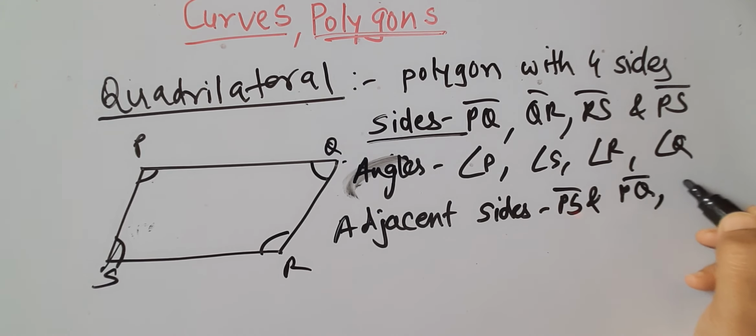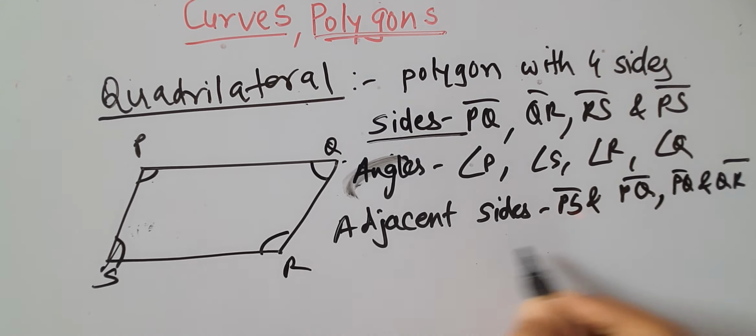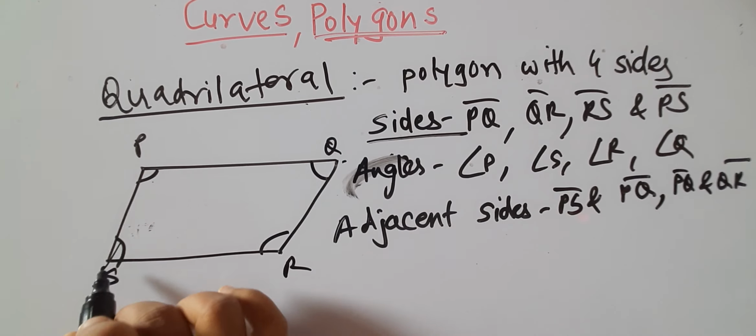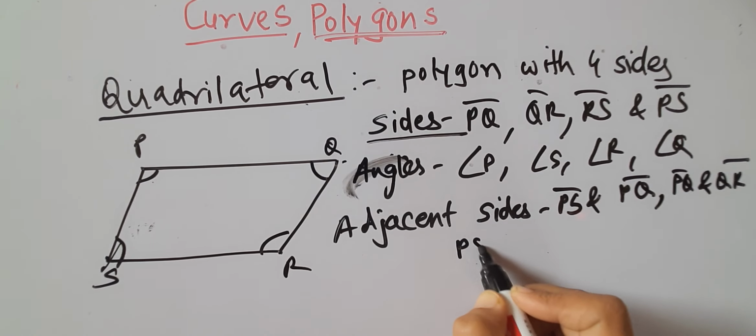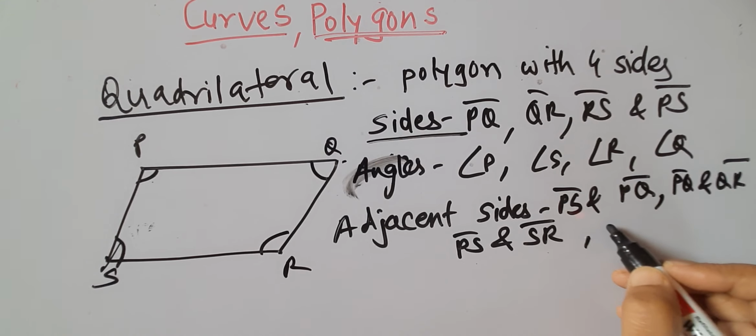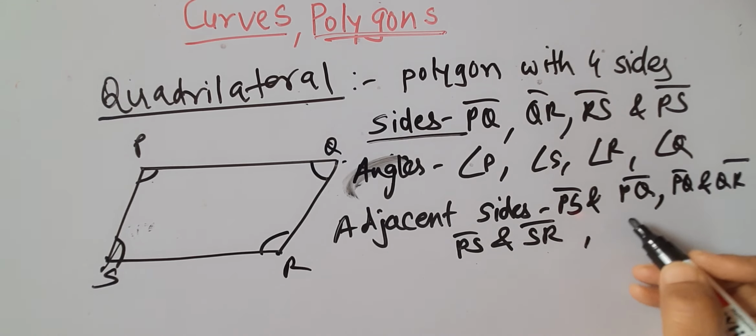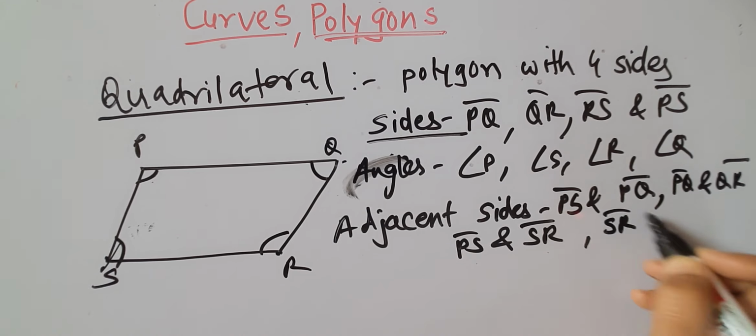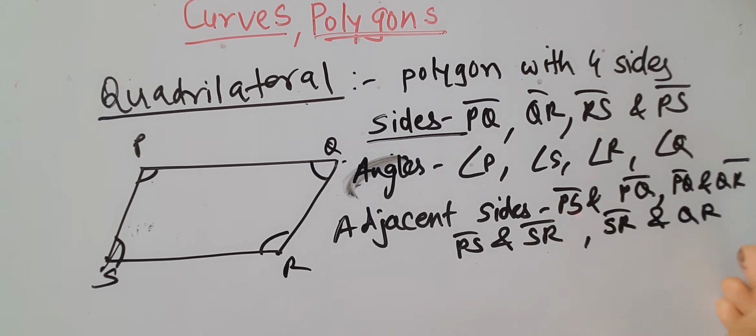Similarly, PQ and QR, with a common vertex everywhere. PS and SR, and with R as a vertex, SR and QR. These are all adjacent sides of the given polygon.